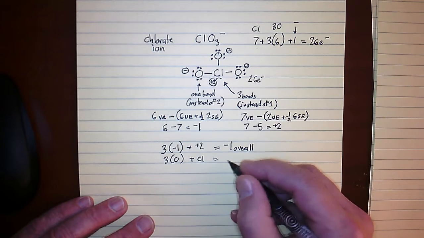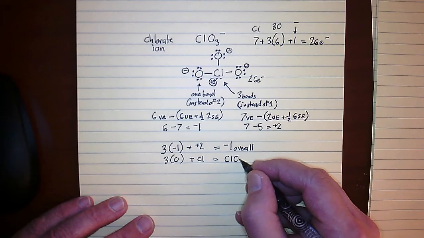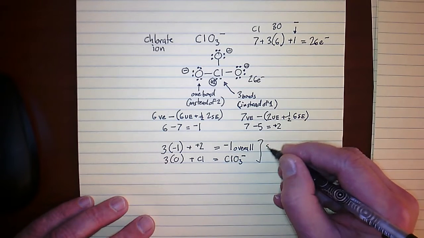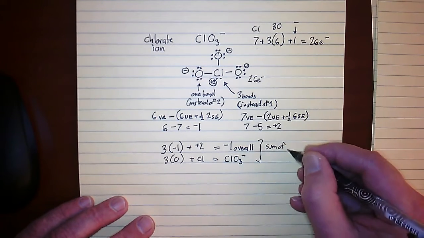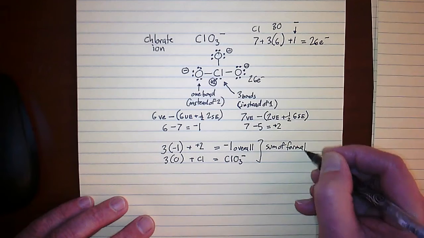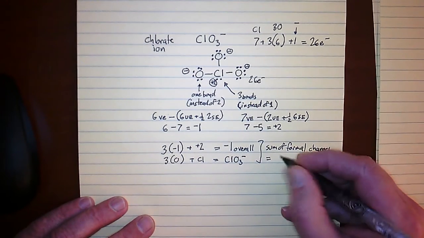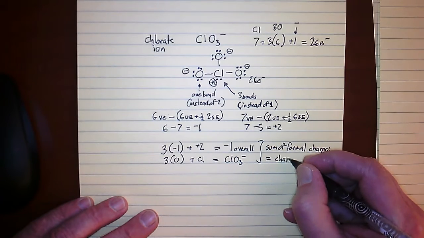And that's good because overall we know we have ClO3 with a minus charge. And so we see that the sum of the formal charges is equal to the charge on the ion or molecule.